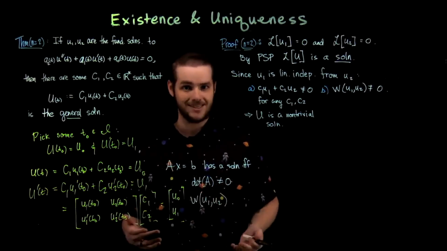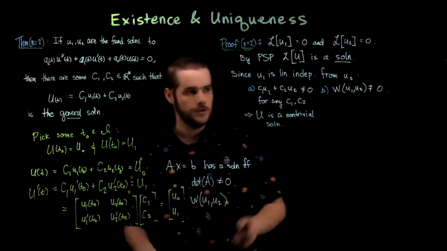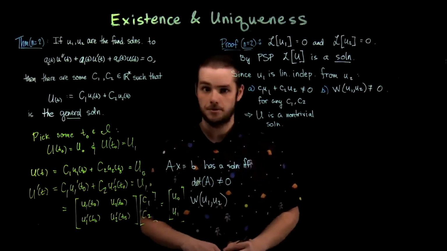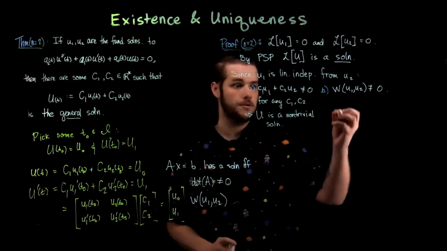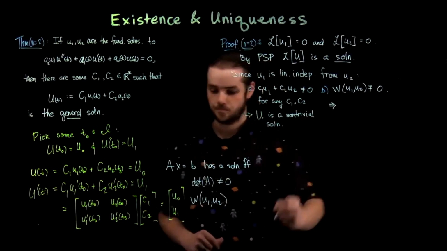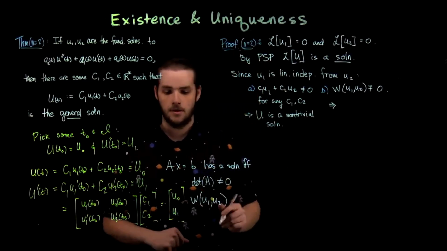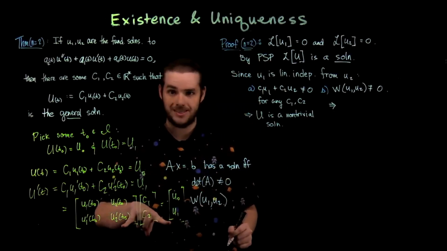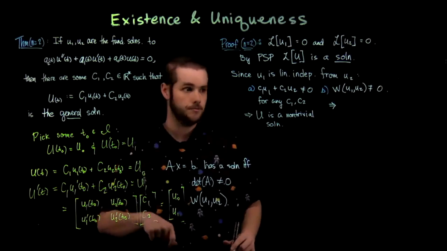So what does all of that say? The Wronskian of U1 and U2 not equal to 0 tells me that my system of equations has a unique solution.